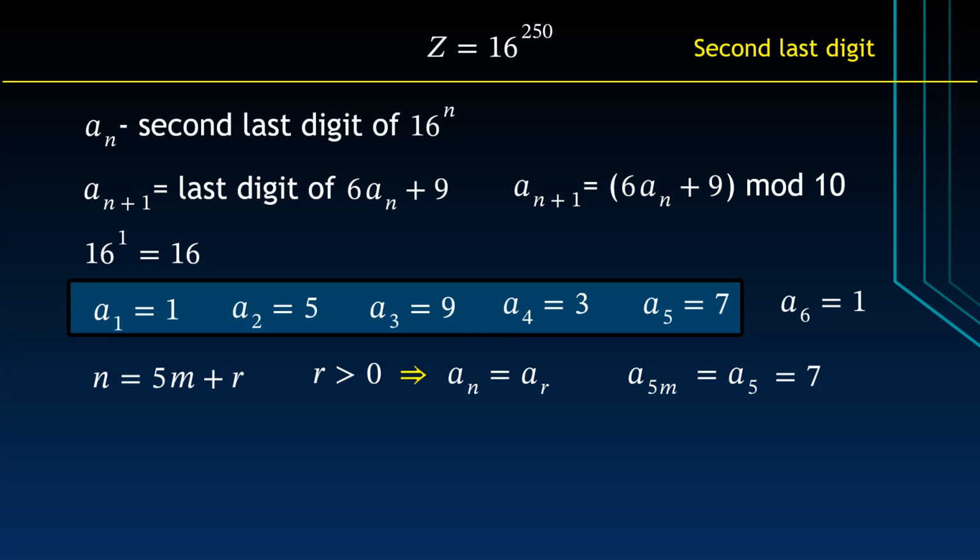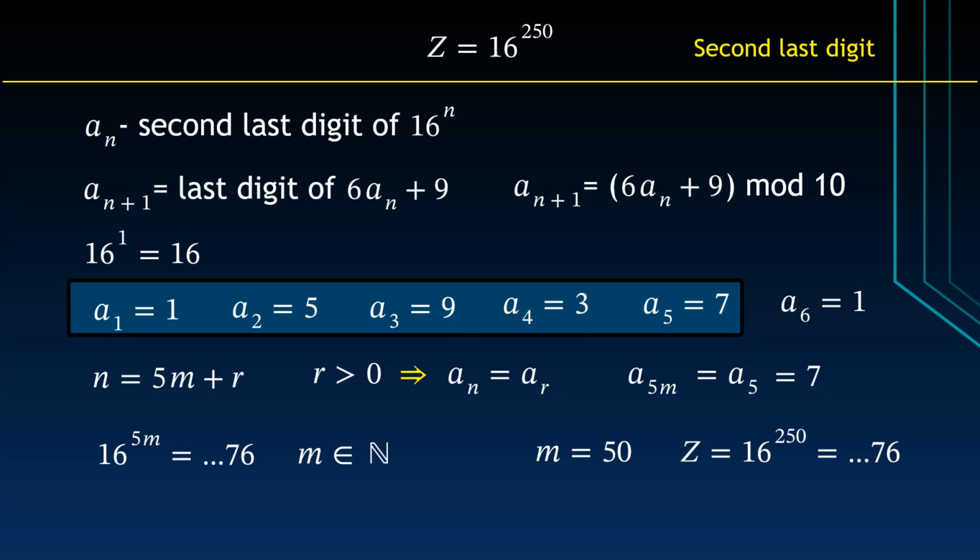So we found that the last two digits of 16 to the power of 5m are 7 and 6 for any natural m, meaning a positive integer. In particular, for m equals 50, we get 16 to the power of 250 ends with 76, which is the number that we are targeting. And we move on to the third last digit.